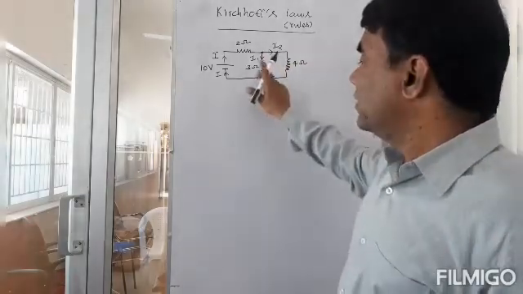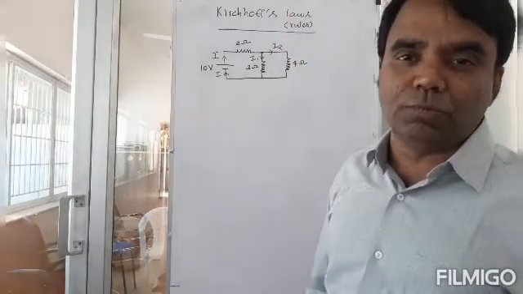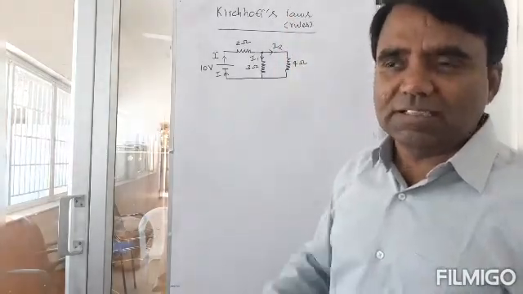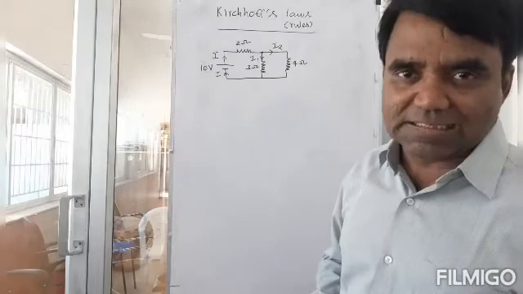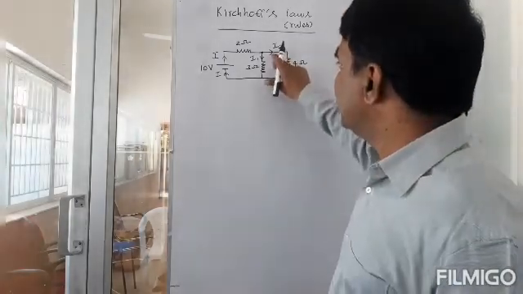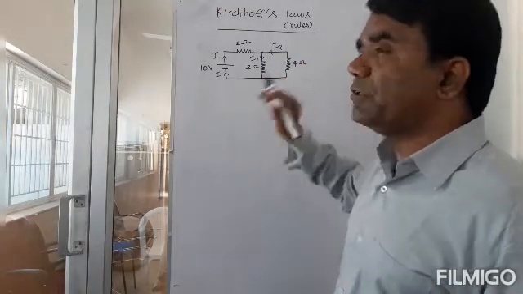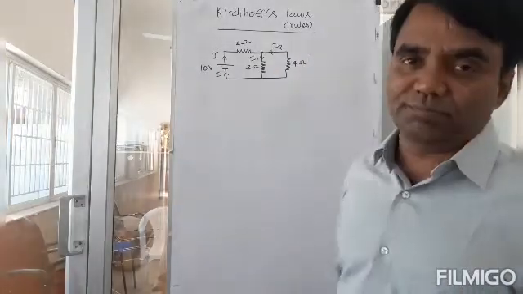Suppose I do this, I get some number, and it says I2 is minus 2 amps or something. If I get minus 2 amps as the value of I2, then immediately I will come back and change the direction of I2 like this. And now I2 is 2 amps in this direction.